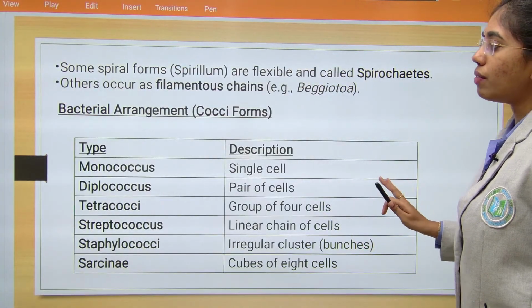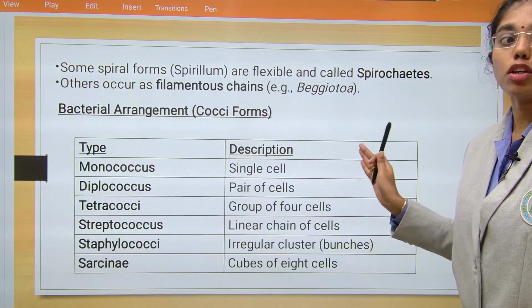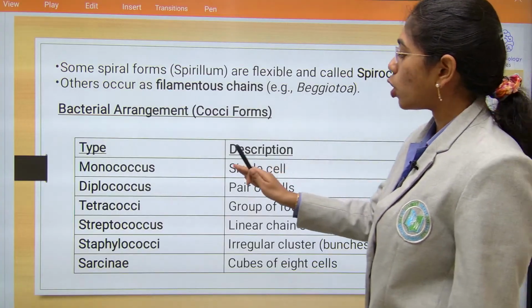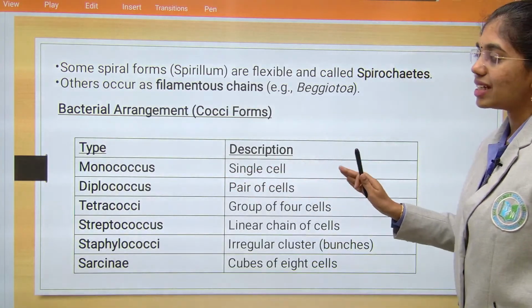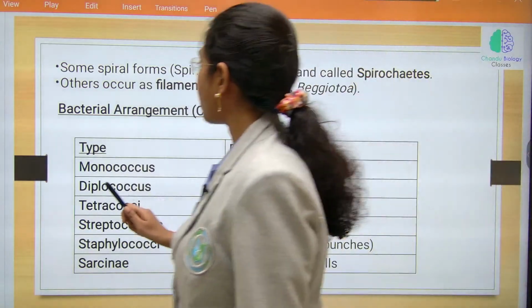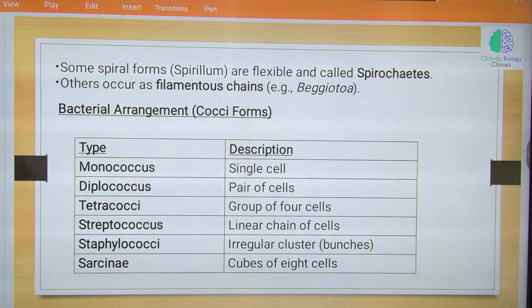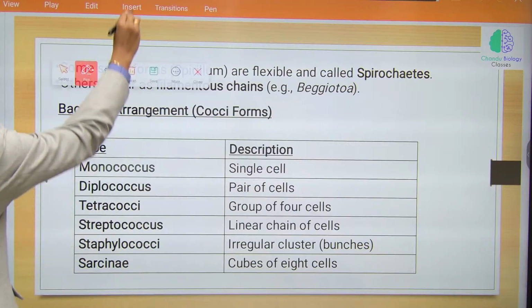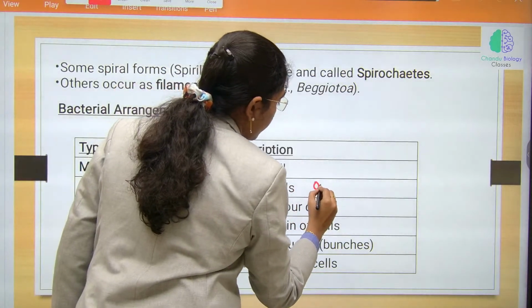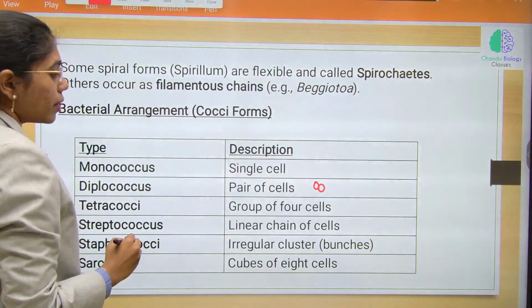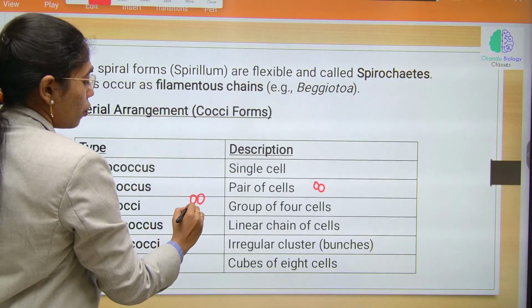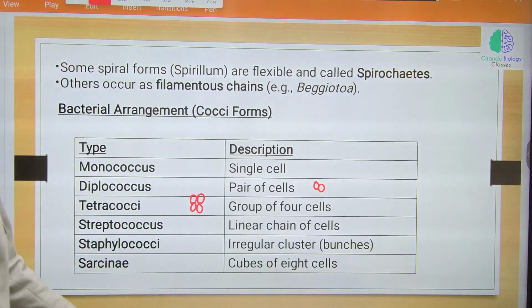Now here we see some more bacterial arrangements in cocci forms. Monococcus, where there is a single cell. Diplococcus, a pair of cells. Tetracocci, a combination of 4 cells together.